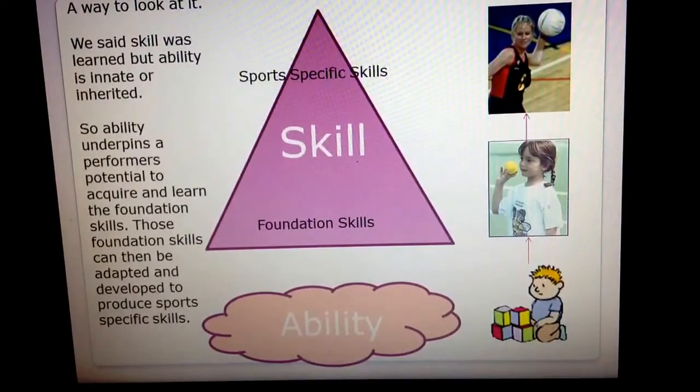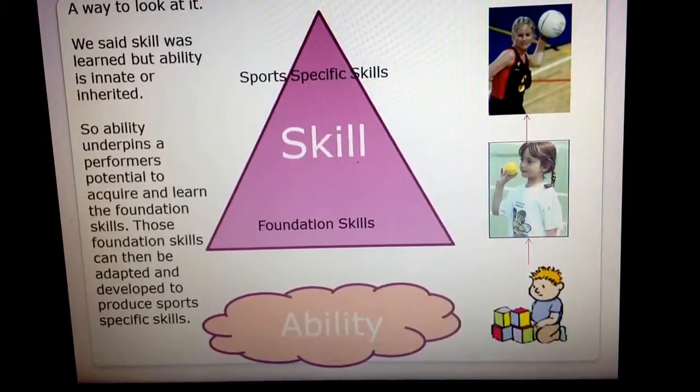So our ability supports our learning of skills in terms of we are able to learn them more quickly because things come potentially more naturally to us because of those abilities that we've inherited, the abilities that we have naturally.